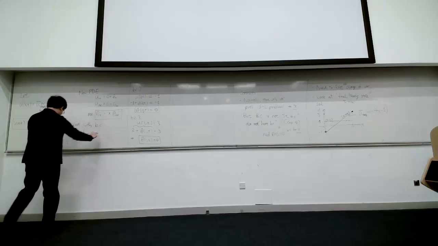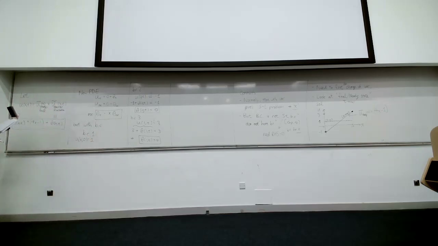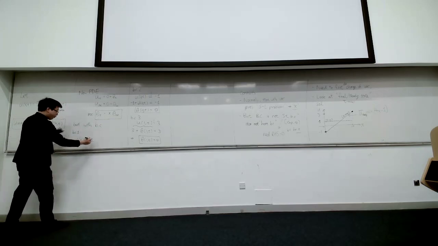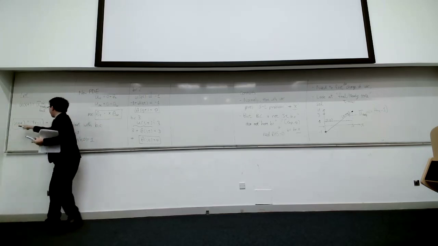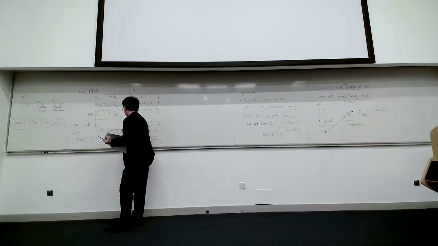Boundary condition 1, just for completeness, we'll put this here as well. I just erased it, but it was u of x,0 equals 1. So let's plug in u of x,0. That means 4x minus 1 plus theta of x,0, we want that to equal 1.